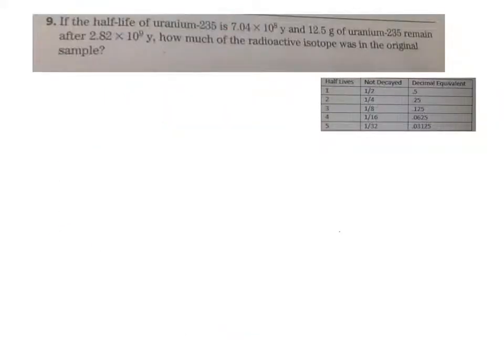So this problem, if the half-life of uranium-235 is 7.04 times 10 to the 8th, and 12.5 grams of uranium-235 remain after 2.82 times 10 to the 9th years, how much of the radioactive isotope was in the original sample? So here, I think a lot of you were thrown off by the fact that the amount of years is in scientific notation.